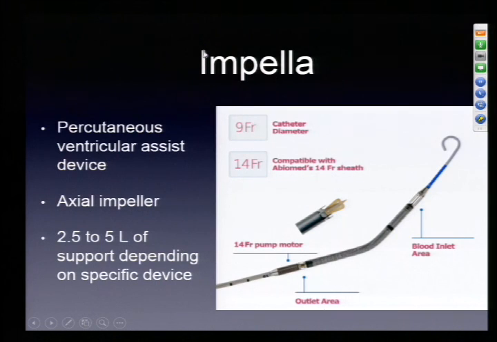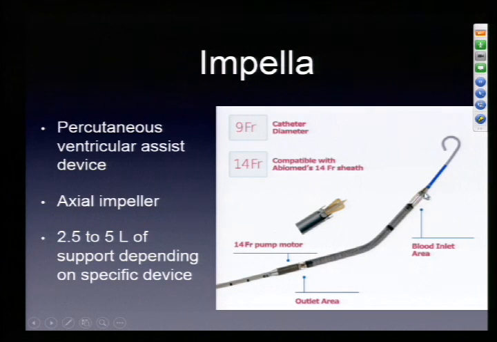And then finally, the Impeller device that I spoke of briefly is a percutaneous ventricular assist device, which uses an axial impeller or propeller, which is inside of this device. And the pigtail end is placed within the left ventricle.